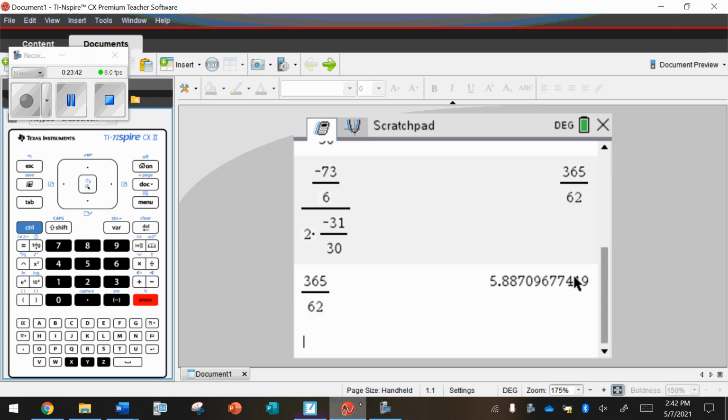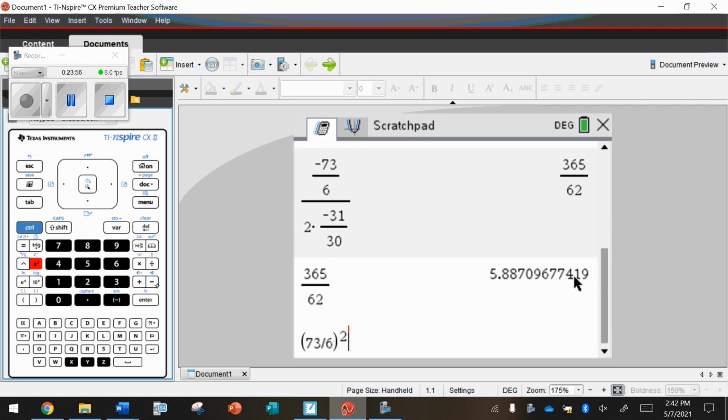So I'm not putting the square root in here. 73 divided by 6, squared, minus 4 times the a value of negative 31 divided by 30 times the c value of 50.